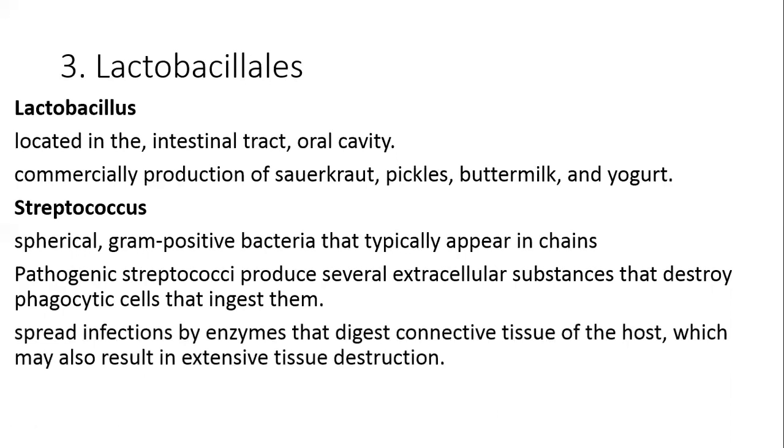Okay. And they can invade from your surfaces to the deeper connective tissues by basically digesting the connective tissues of the host, because of the different enzymes produced by pathogenic Streptococcus species, and they also result in extensive tissue destruction.